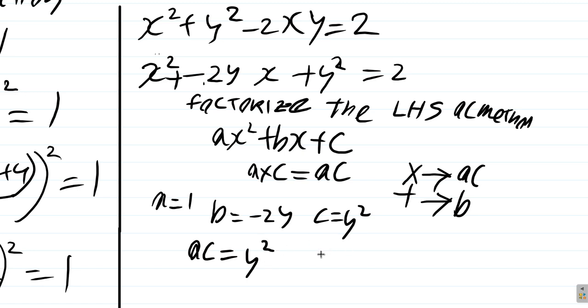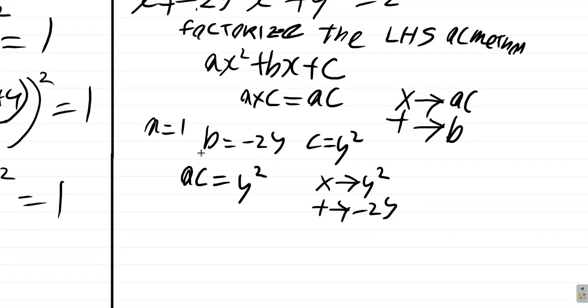Now, which two numbers multiply to give y squared and add to give negative 2y? If you think about it, you will see that there are negative y and negative y, because negative y times negative y gives you a positive y squared, and negative y plus negative y gives you negative 2y.